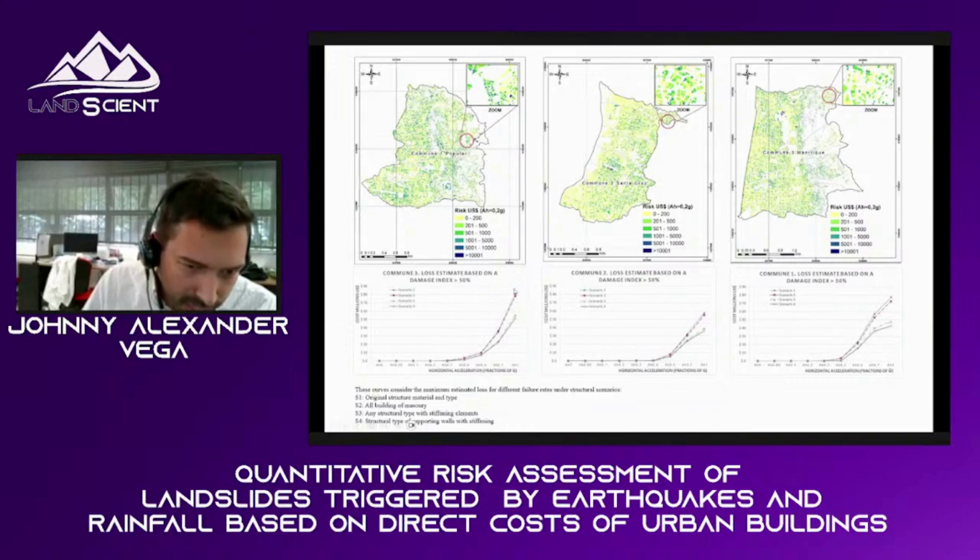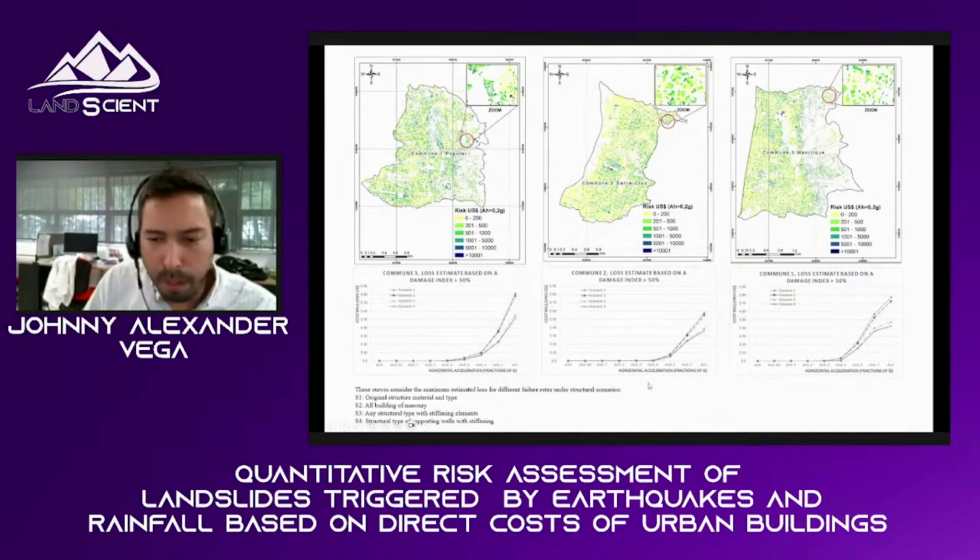The blue line is the scenario with the original structure, material, and type, and the purple line is an assumed hypothetical scenario where the structural type is supporting walls with a stiffness element that fulfills the requirements of the Colombian Building Code.